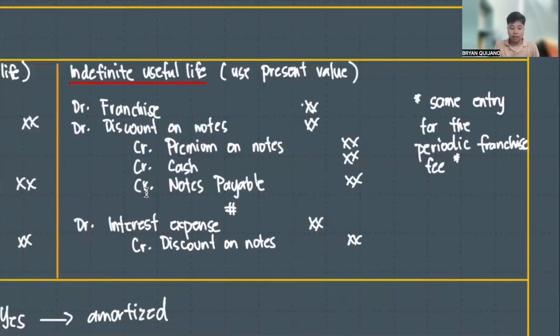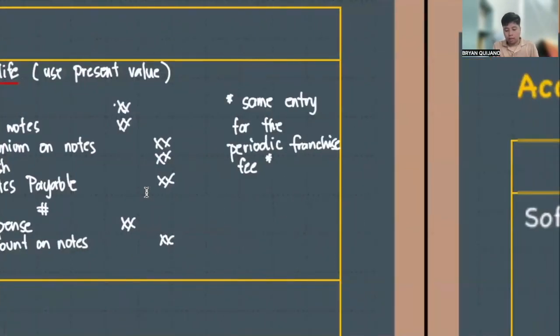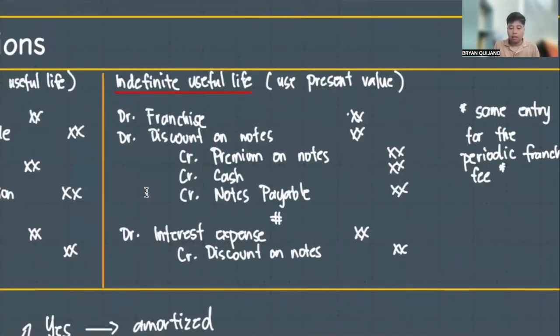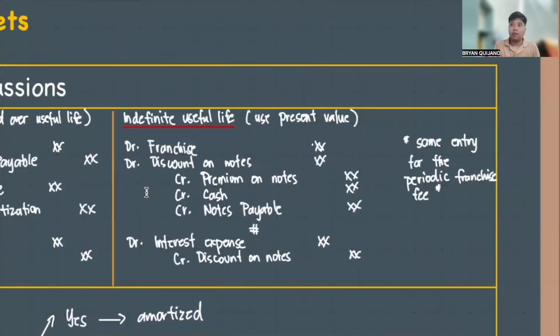Every end of the period, you're going to amortize the discount or the premium. In this case, this is your journal entry if you will recognize discount on notes. Then the same entry is to be applied for the periodic franchise fees, regardless if you are having a finite useful life or an indefinite useful life.